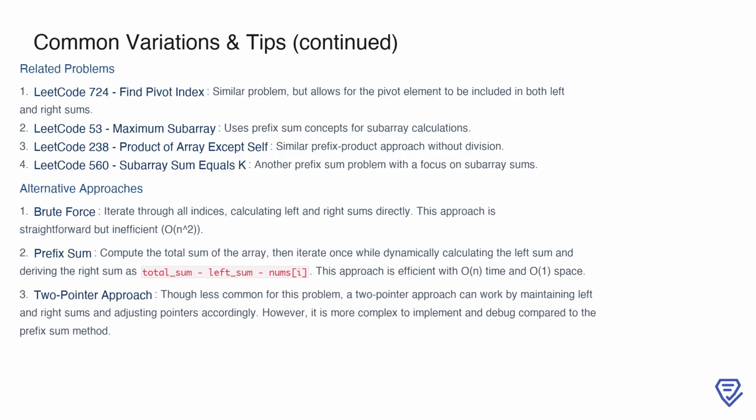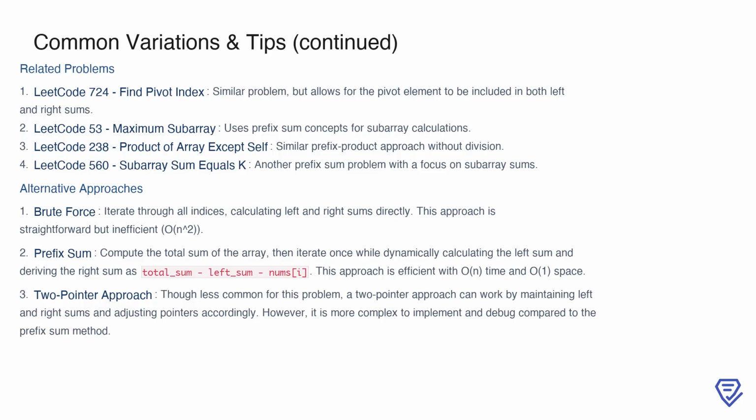Now, when it comes to alternative approaches, brute force is the most straightforward but inefficient method. It involves iterating through all indices and calculating the left and right sums directly, which results in O(n squared) complexity. A better approach is using prefix sums. By pre-computing the total sum, you can iterate through the array once, dynamically updating the left sum and deriving the right sum as total_sum - left_sum - nums[i].